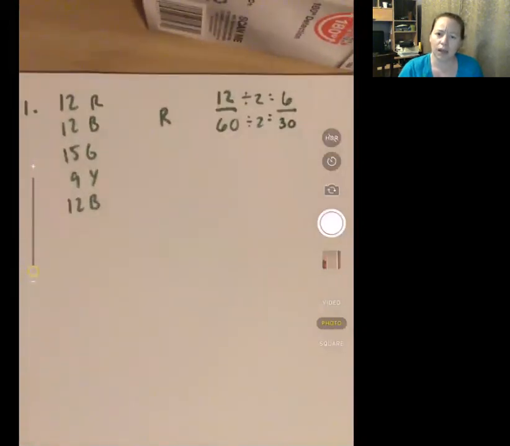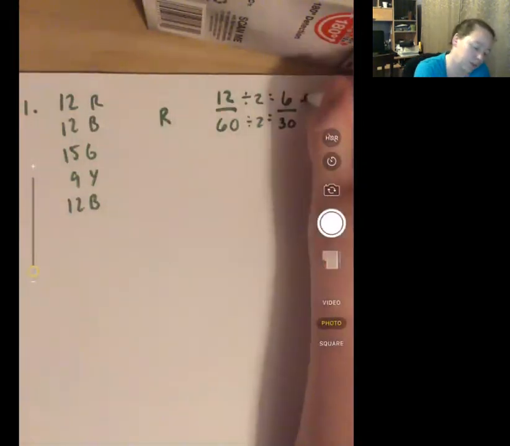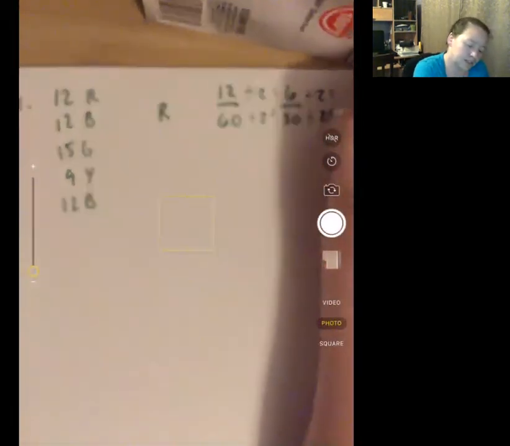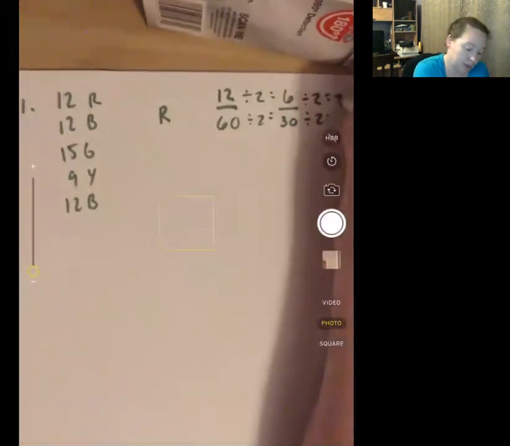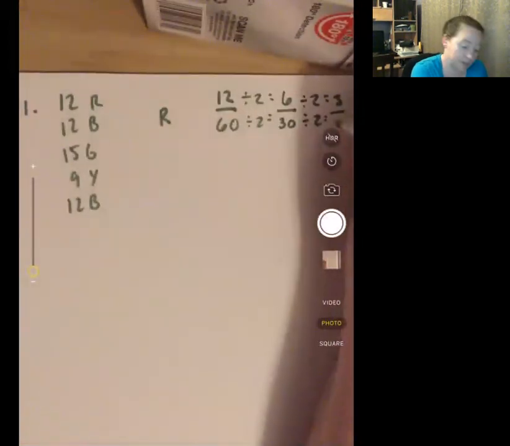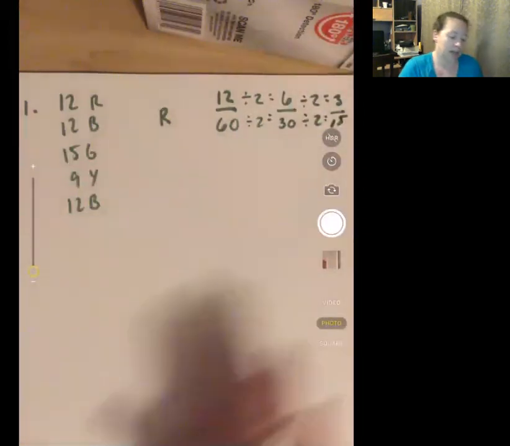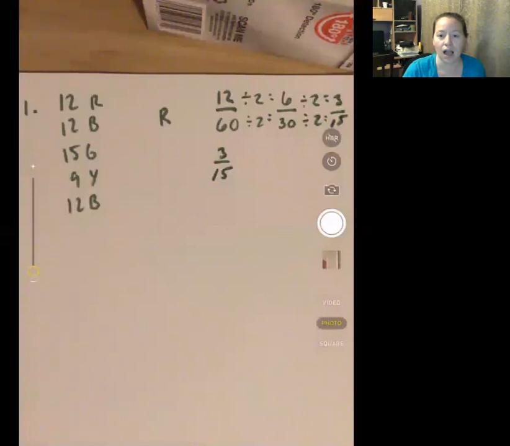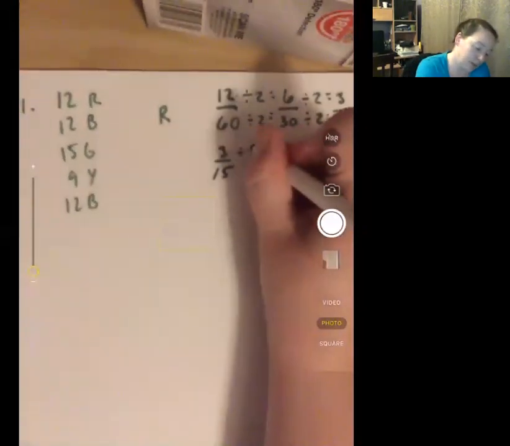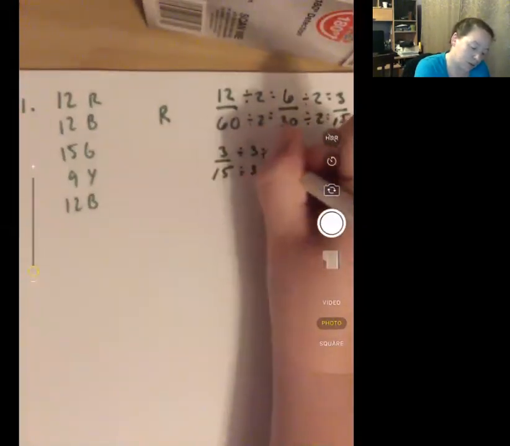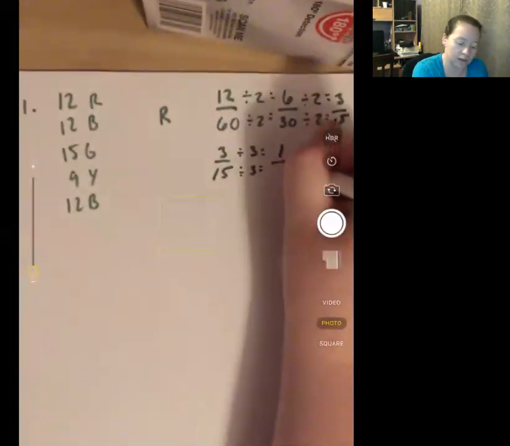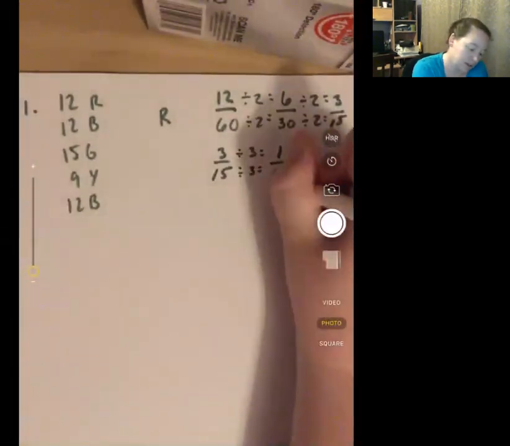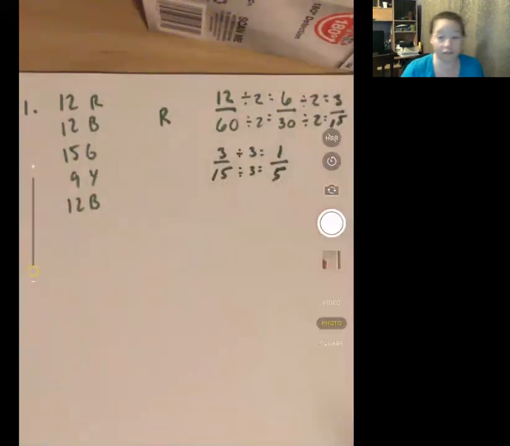Okay, I can take out another 2 because they're both even. 6 divided by 2 is 3. 30 divided by 2 is 15. I now have 3 over 15. I can take out a 3. 3 divided by 3 is 1. 15 divided by 3 is 5. So 1/5. That is my fraction.